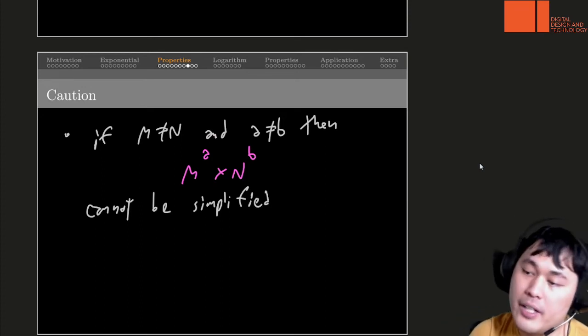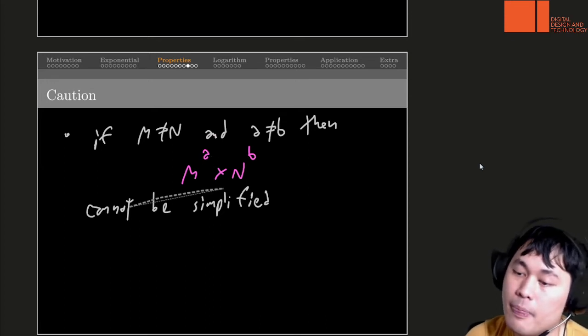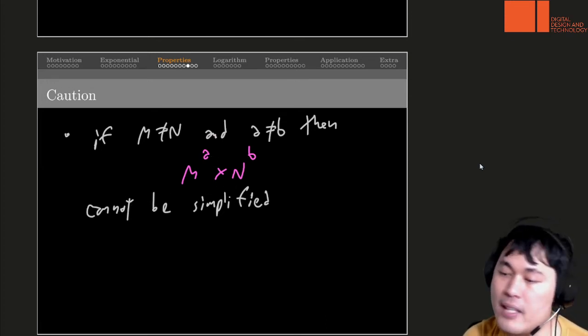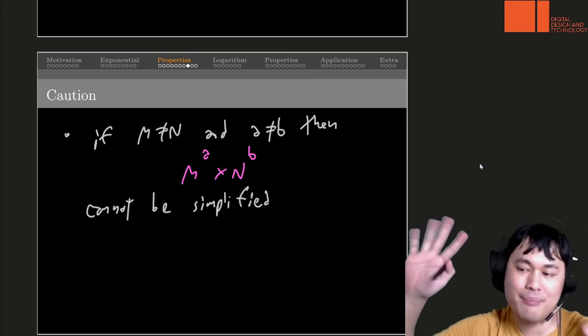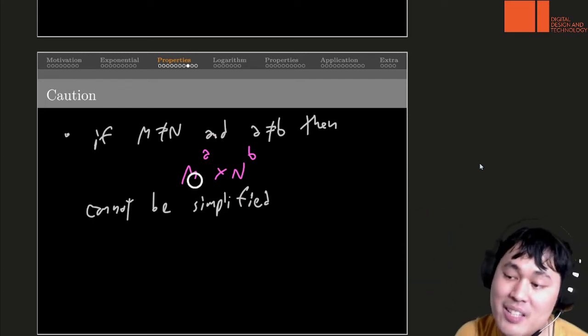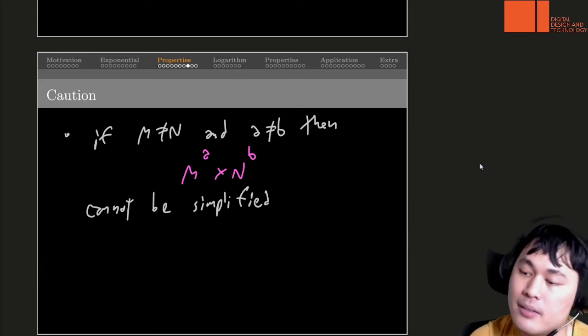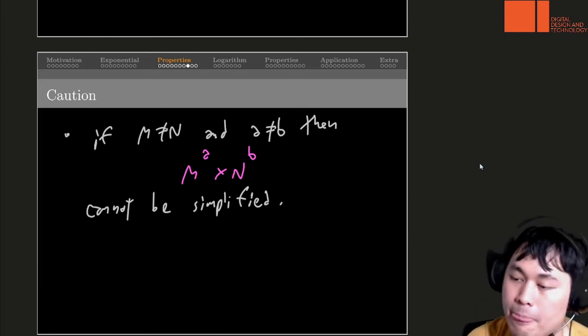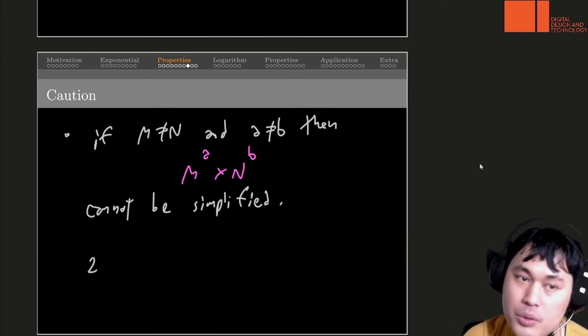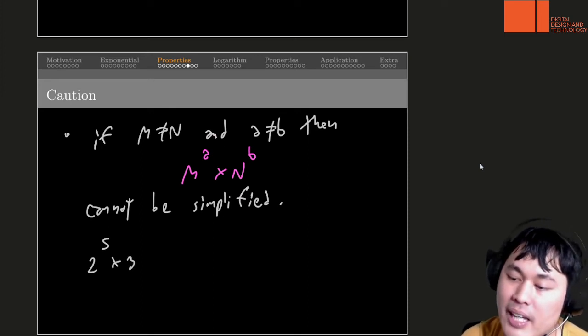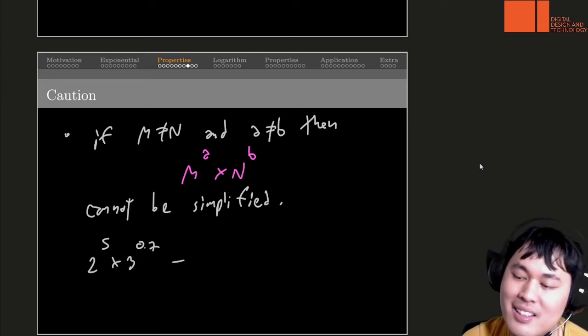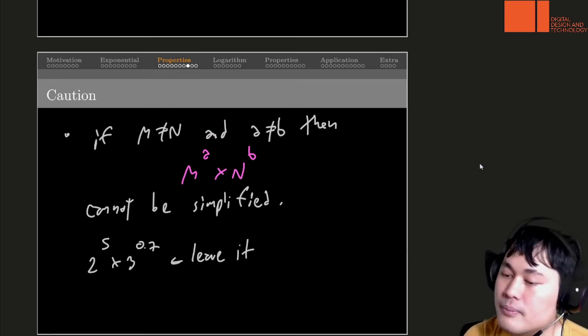If the bases are different and the exponents are also different, then you cannot simplify that, unless you do some magic trick, or change the base or change the exponent to match, and then you can combine that. Like for instance, if you have 2 to the 5 and 3 to the 0.7, then just leave it like that. There's nothing to do here.